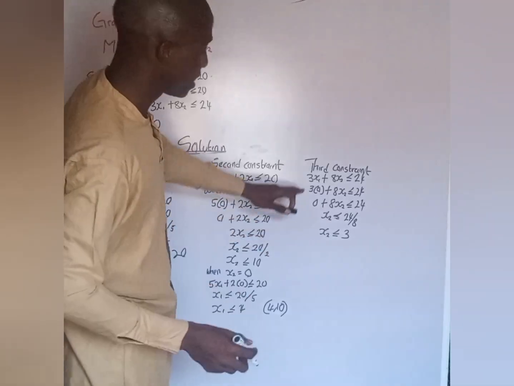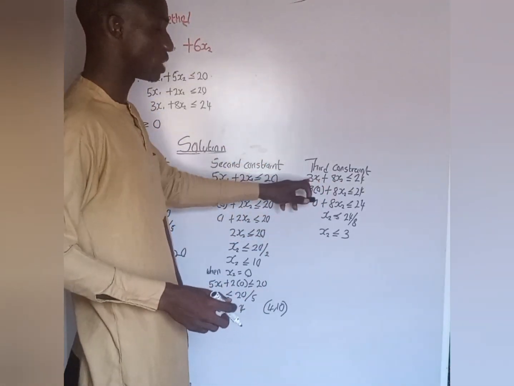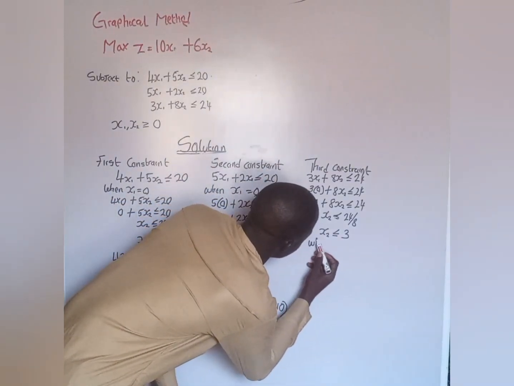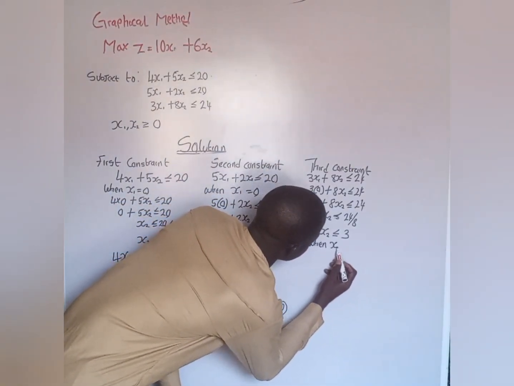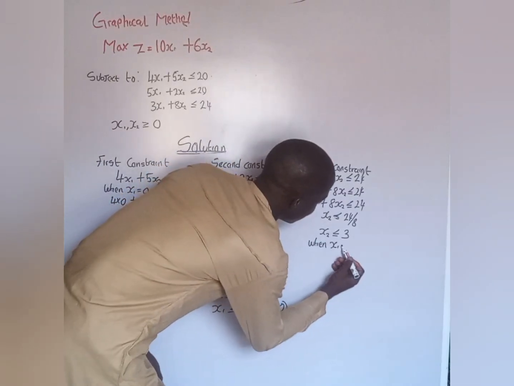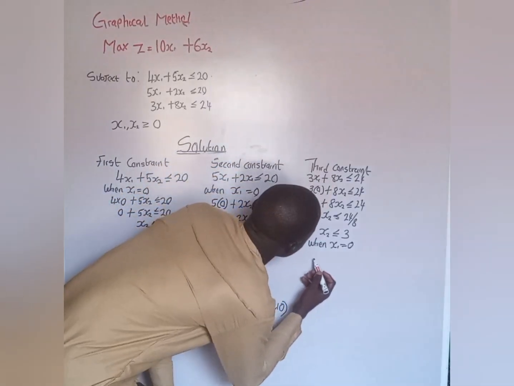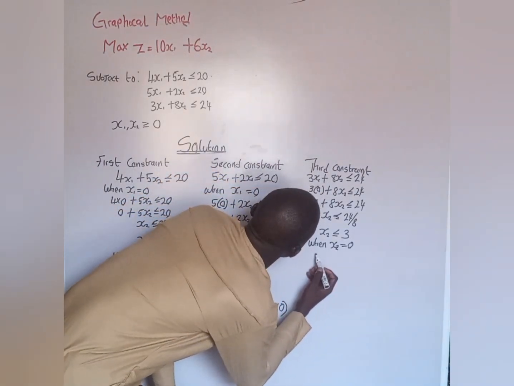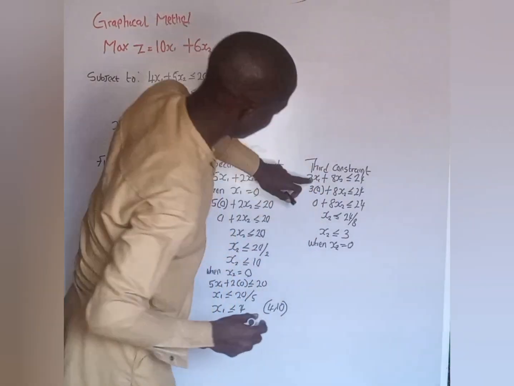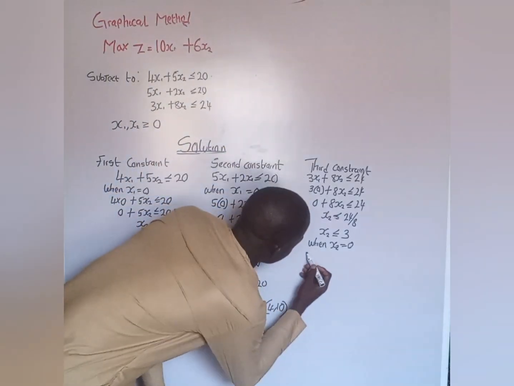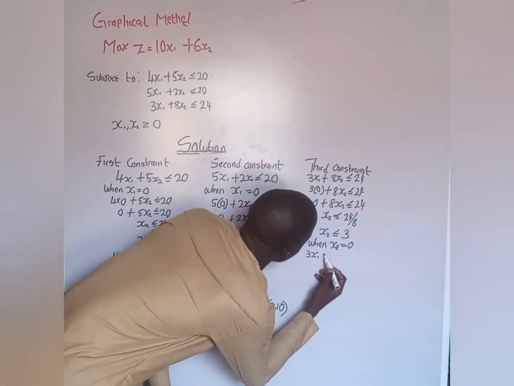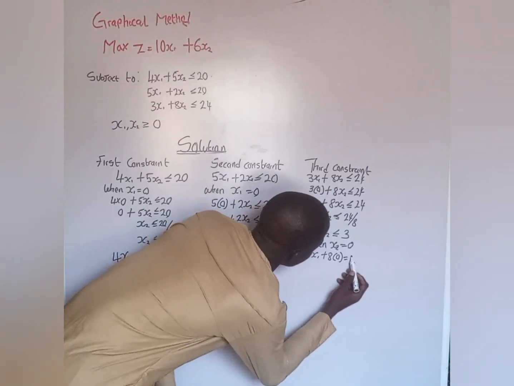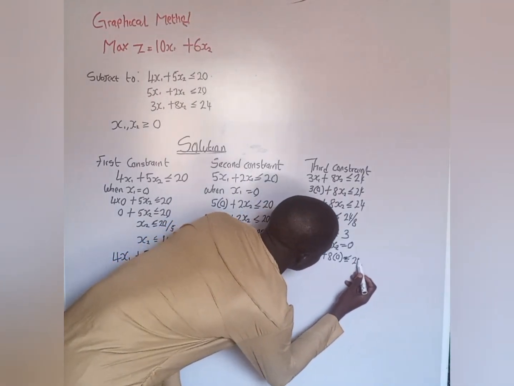Now let's set x2 to be 0 to get the value of x1 at the origin. When x2 is equal to 0, I'm going to have 3x1 plus 8 times (0) is less than or equal to 24.